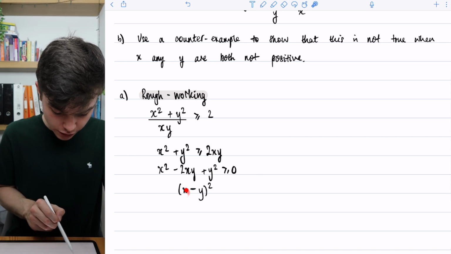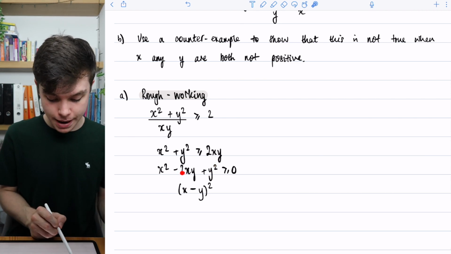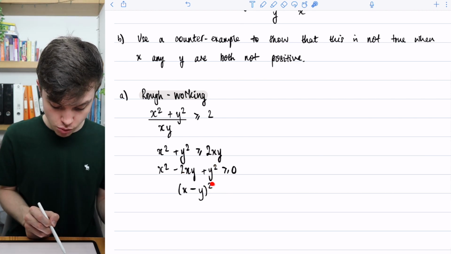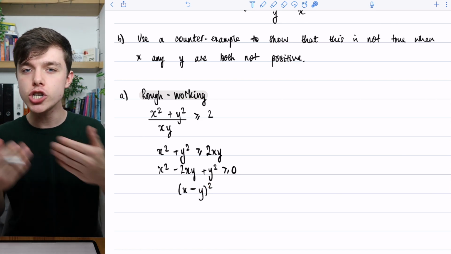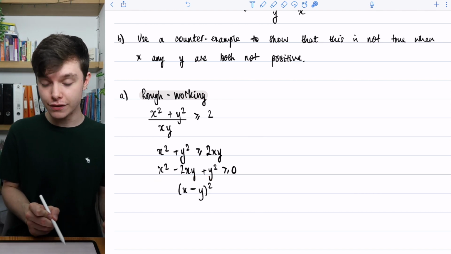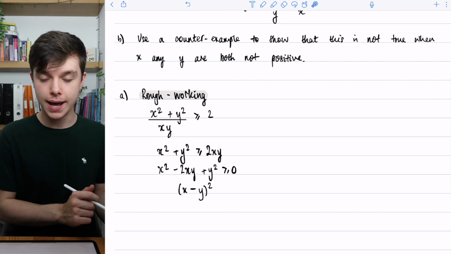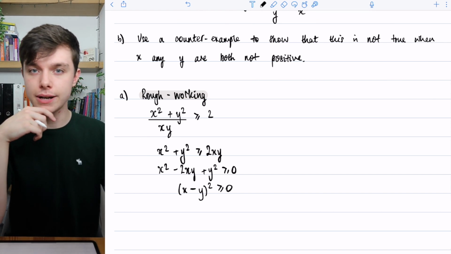So we've still got the x squared from this term squared, the y squared from the minus y squared, and the minus 2xy from the 2 with the minus y and the x. Okay, so the more of these you do, the more you'll be able to realise, okay, this is an expanded form of this bracket, okay? And on the right-hand side there, we're still going to be greater than or equal to 0.